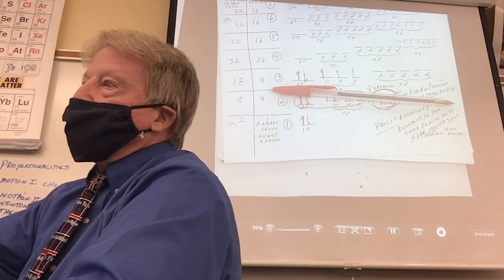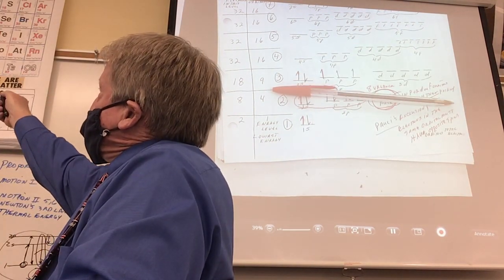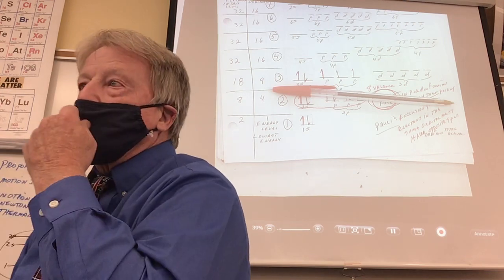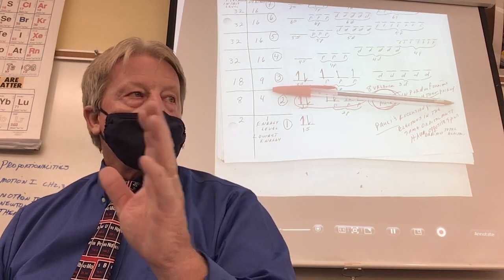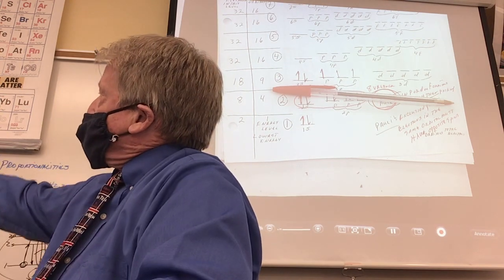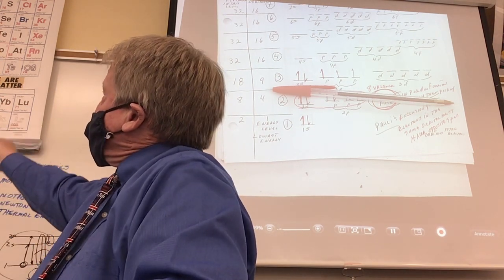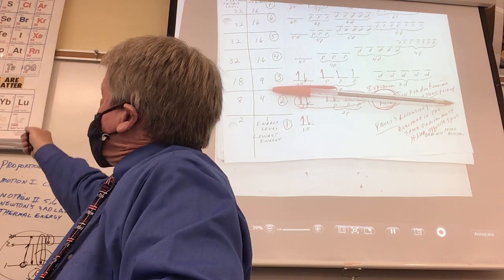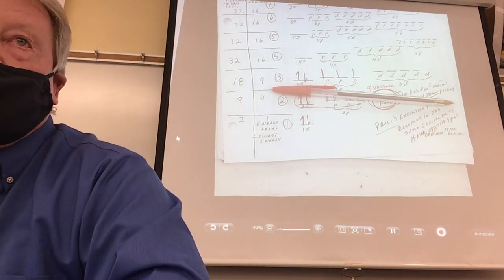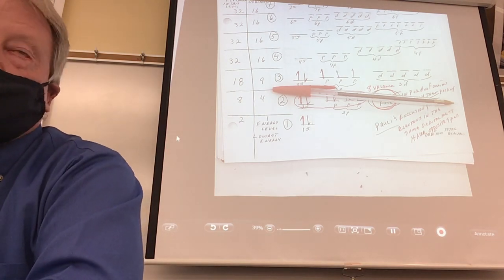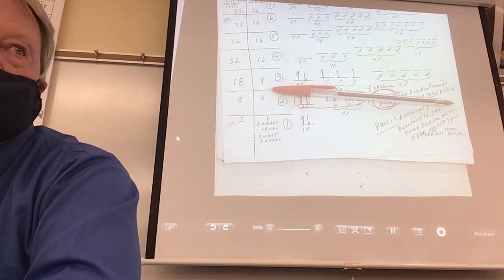And what is the Roman numeral right above aluminum? 3. The Roman numeral above that tells you how many valence electrons I have. Everybody here has 1 valence electron? 2, 3, 4, 5, 6, 7, 8, except for helium.